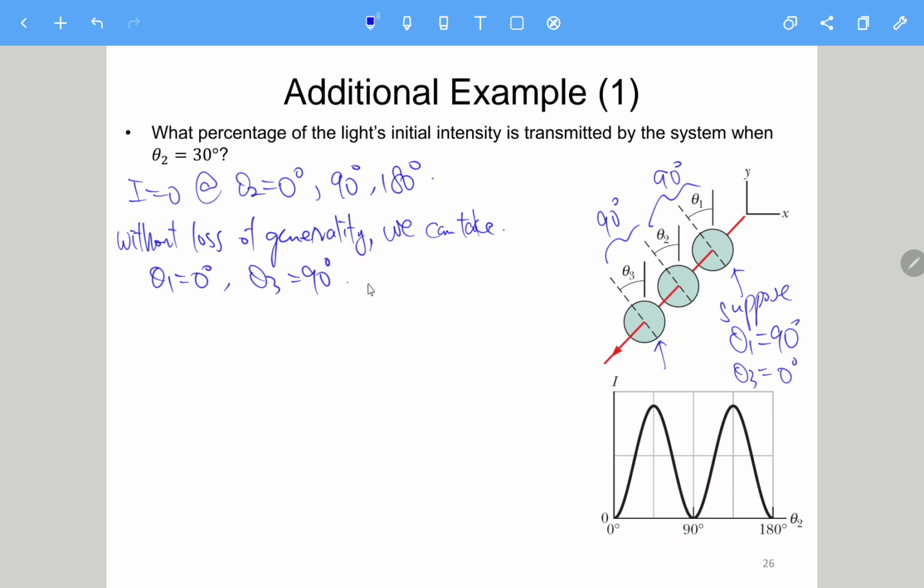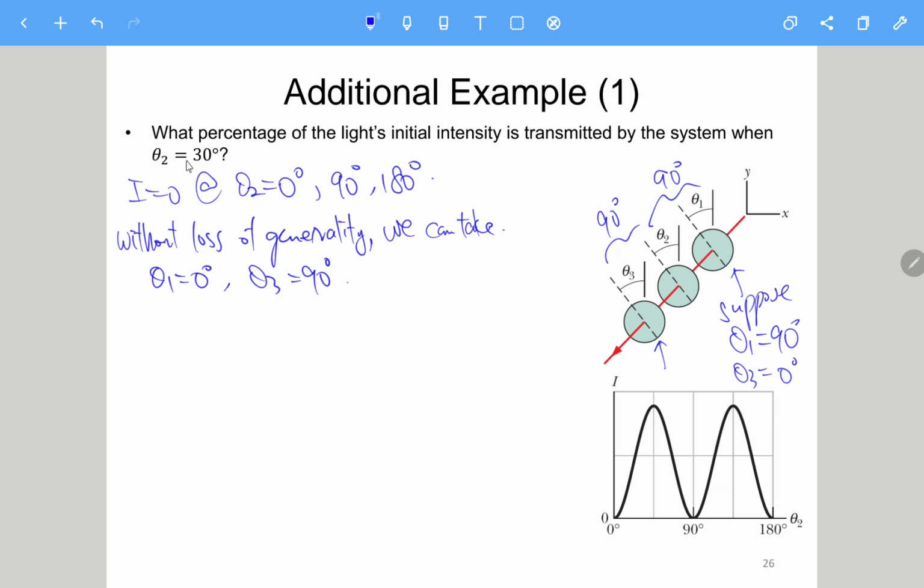If you don't believe it, you can repeat the forthcoming procedure by assuming theta 1 is 90 degree, theta 2 is 0 degree, then you should get the same answer. Okay, so here it actually asks you what is the light intensity when theta 2 is 30 degree.